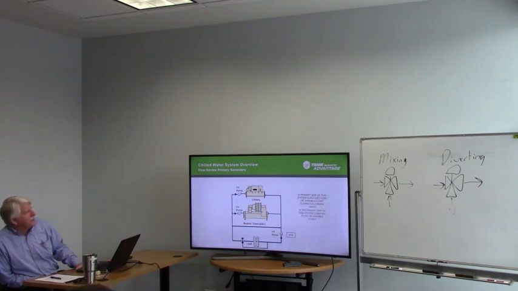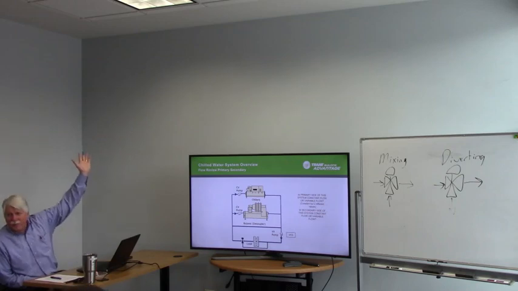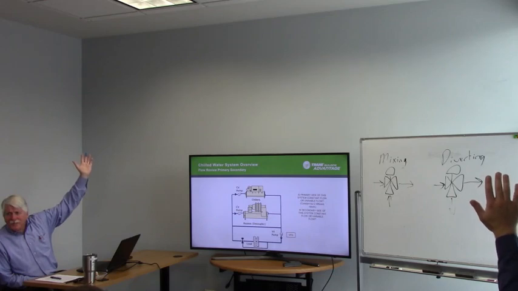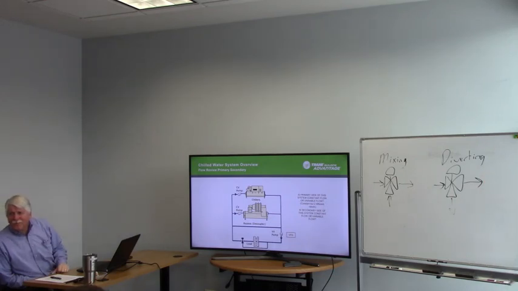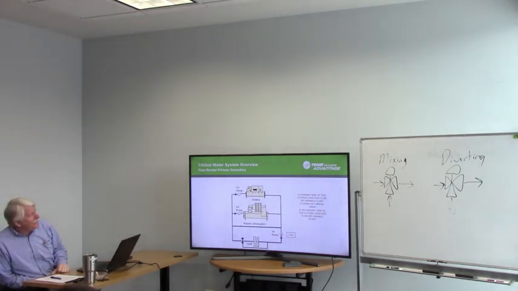Okay, is the secondary side of this system constant flow or variable flow? Is it variable or constant? How many say variable? How many say constant? Okay, you see what I put on that thing?